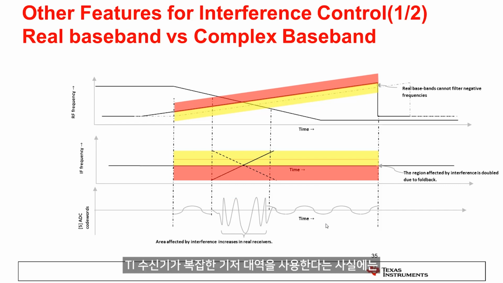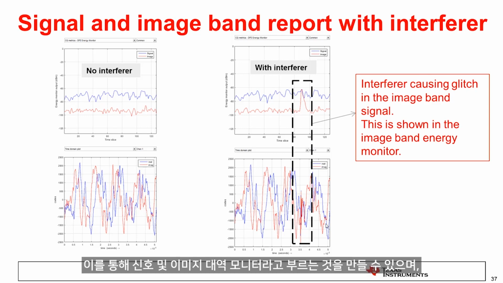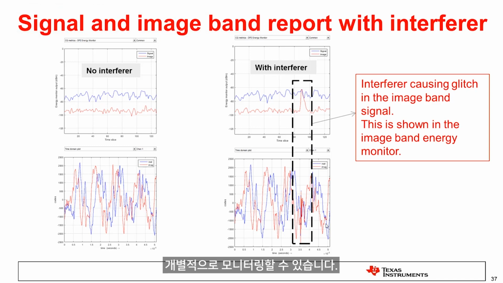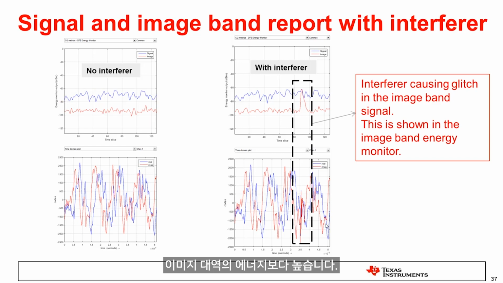The fact that TI receivers use a complex baseband has another benefit, that we can look at the negative frequencies and the positive frequencies separately. This allows us to create what we call the signal and image band monitor, which monitors the energy in the positive and negative frequencies separately. When there is no interferer, the energy in the signal band is higher than that of the image band because of the presence of reflected signals from real targets.